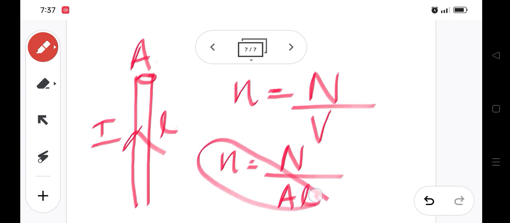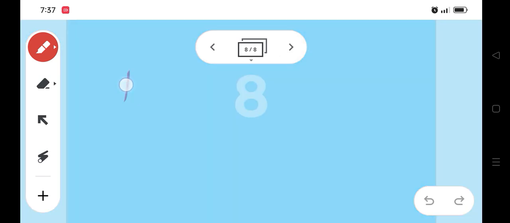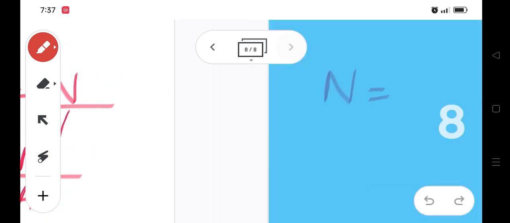N, the total number of electrons, or any carrier, will be n equal to nAL.